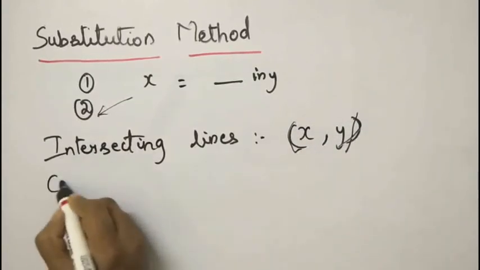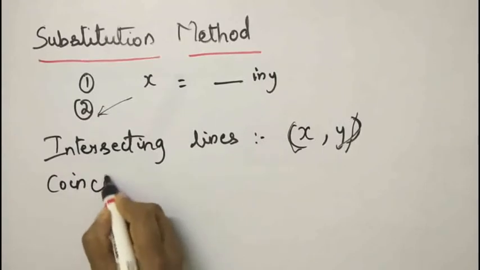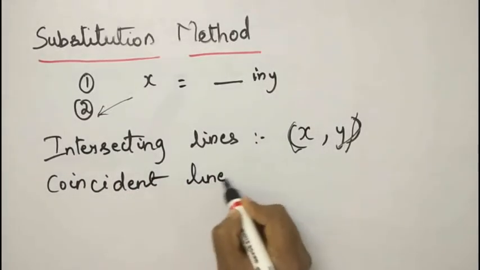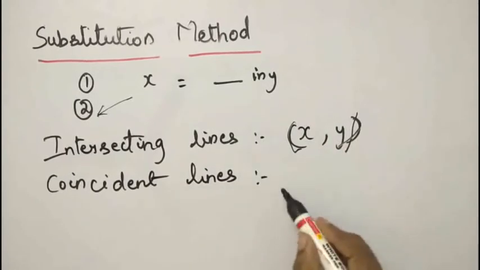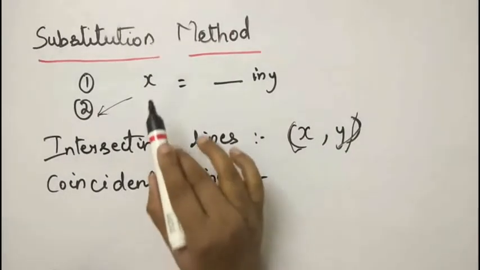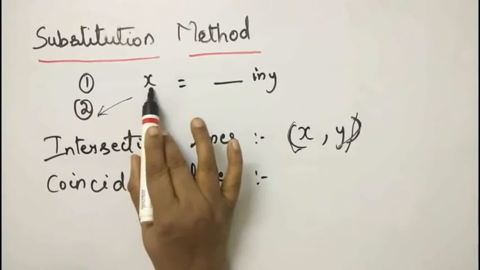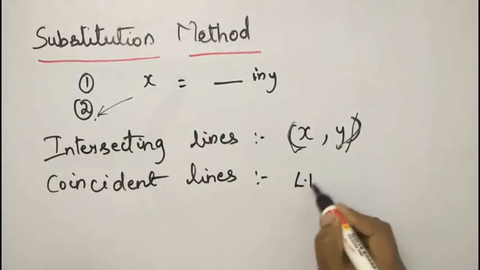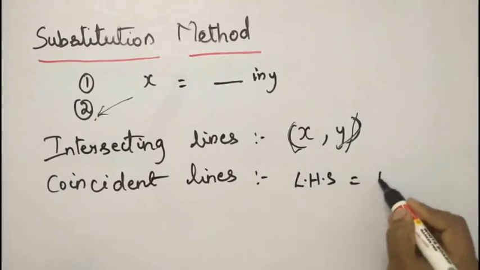In case of coincident lines, after substituting the value of x in equation 2, you will get LHS equal to RHS.